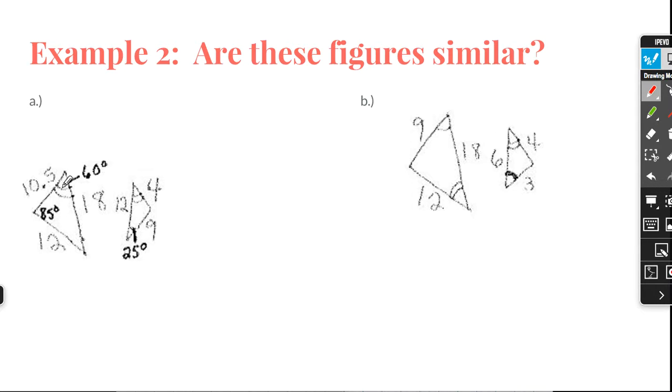Here I have a 60-degree angle that's marked and it's congruent to this one, so this angle will also be 60 degrees. Let's first test and see if all the angles are congruent. We have a 60-degree angle and an 85-degree angle in the same triangle. I can figure out my last angle by adding these together. 60 plus 85 is 145, and I can take that away from 180.